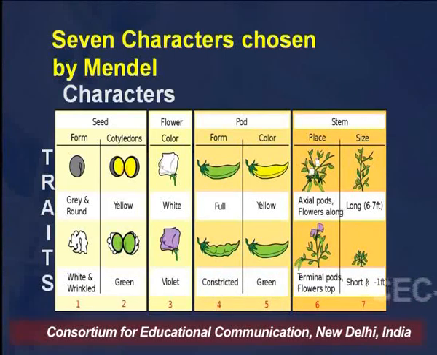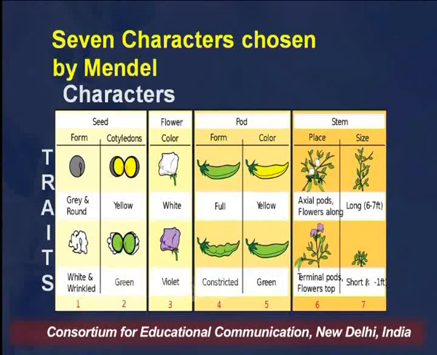Mendel never took 7 traits. He chose 7 characters, which means 2 of the characters were from the seed, namely seed form and seed nature of the cotyledons, then the nature of the flower, the nature of the pod and the plant.